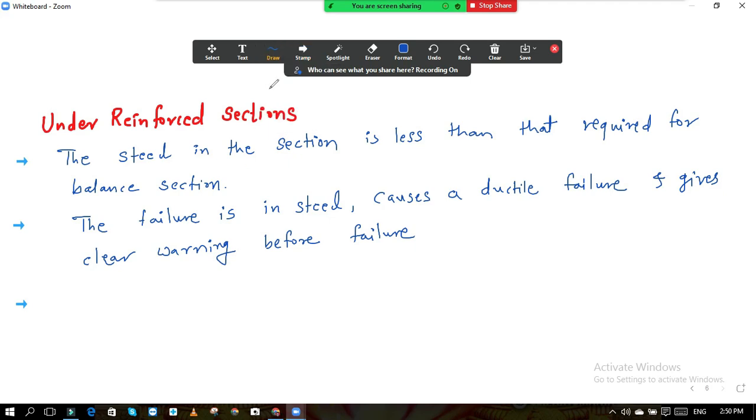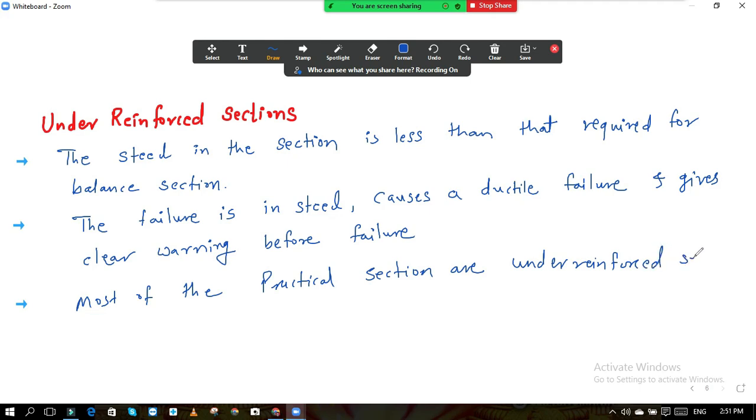Another point. Most of the practical sections are under reinforced sections.